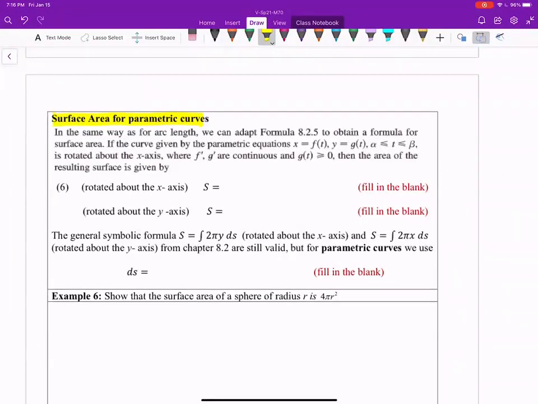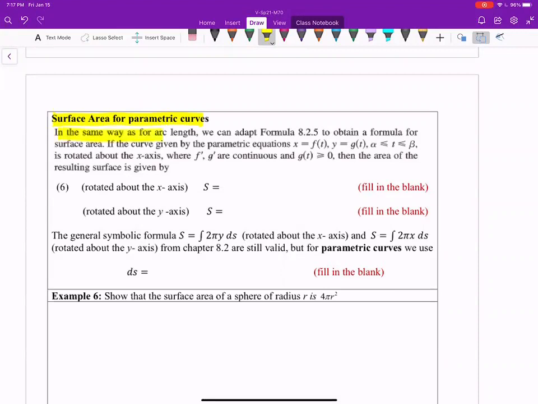So it is kind of similar to the idea that you did in chapter 8 for Cartesian equations. When an arc is rotated about the x-axis, you find the surface area. When the arc is rotated about the y-axis, how you find the surface area and so on.